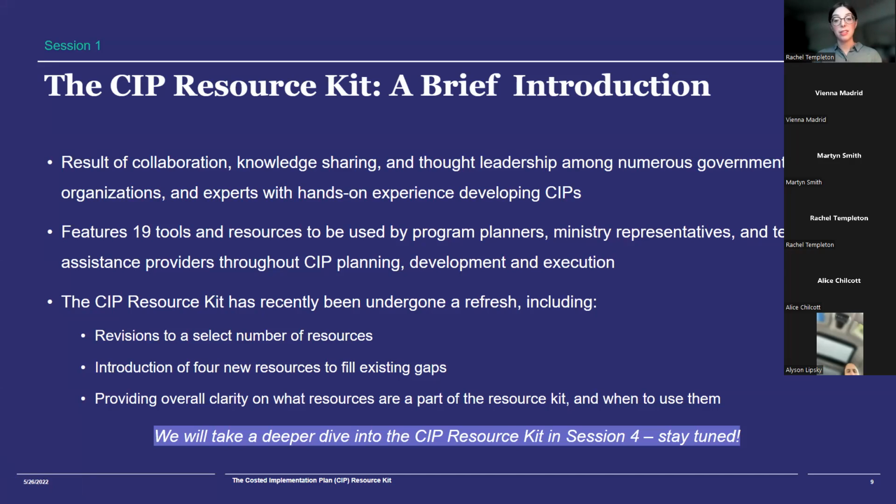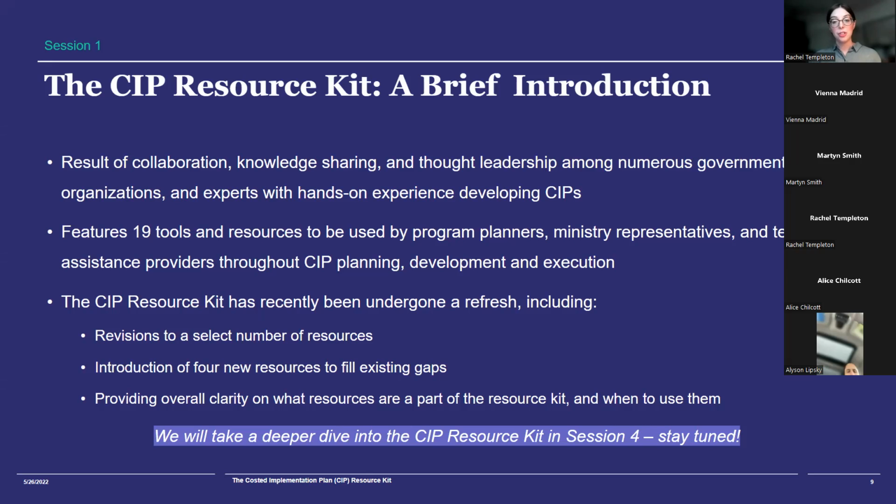And it is the result of collaboration, knowledge sharing, and thought leadership amongst governments, organizations, and experts, all with hands-on experience developing CIPs. There's also a CIP technical working group, which is made up of implementing partners, donors, and other stakeholders with this extensive experience in CIPs. And the technical working group plays a particular role in developing and revising the resource kit.